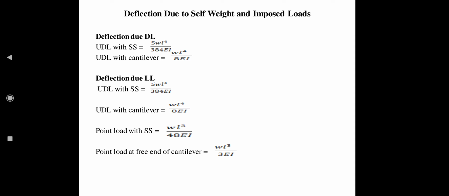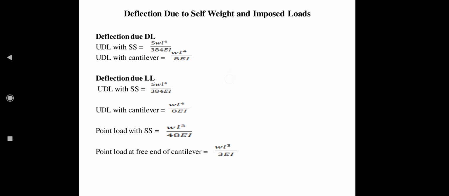When a beam is provided with UDL, then the deflection is 5WL to the power of 4 by 384 EI, where W is the self weight, L is the length, E is Young's modulus, and I is moment of inertia. When a beam is a cantilever, UDL means self weight of a member is always a UDL, then the deflection is WL to the power 4 by 8 EI.